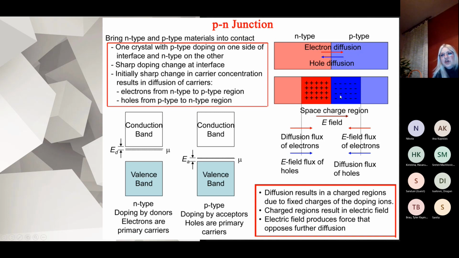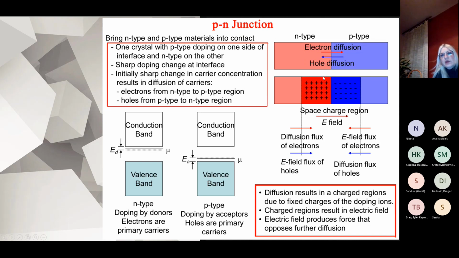And these charges are fixed; they are not moving. This part we call the space charge region, and because it's depleted of mobile charge, we also call it the depletion zone, or depletion region.